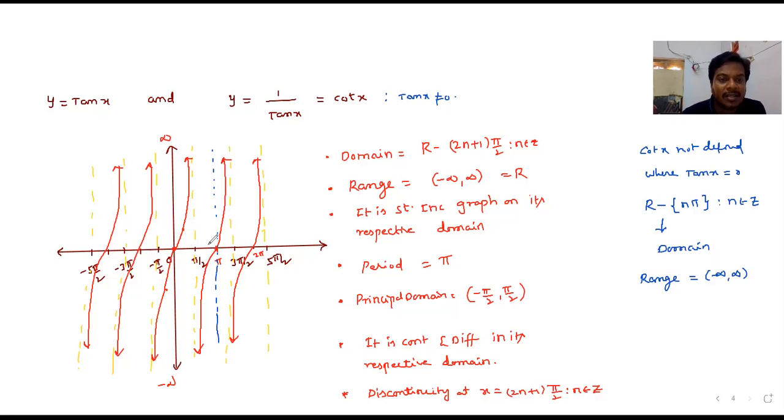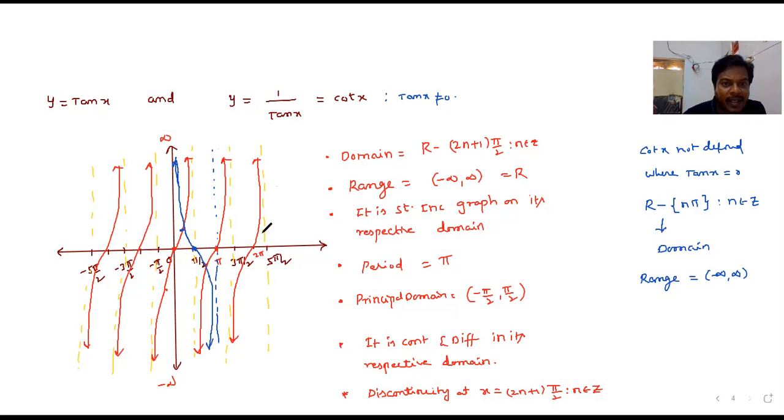Why? Because 1 by infinity becomes 0. Particularly at pi by 2 it is 0, but at pi it is not defined. At x equal to pi by 4 it is 1, and at 3 pi by 4 it is minus 1. So we get the graph of cot x, the blue colored one. In this way it exists.